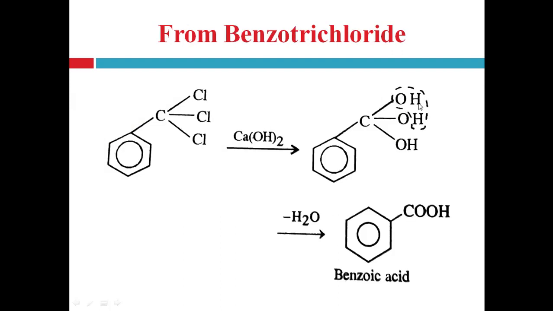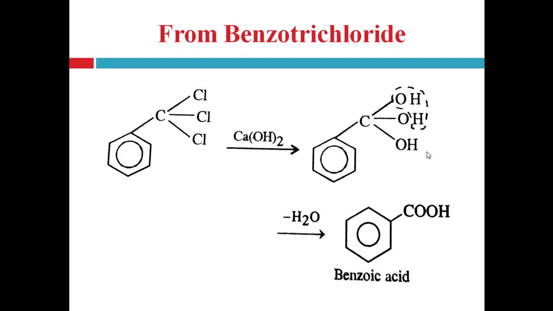From the 3 hydroxyl groups, one OH group is removed, and it takes one proton H plus from another hydroxyl group. So this carbon and oxygen form a pi bond between them, a carbon-oxygen double bond, and OH, that is the carboxylic acid group.